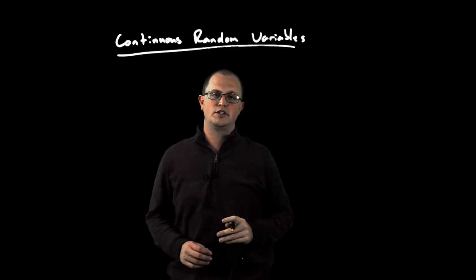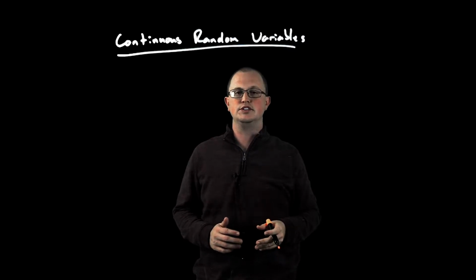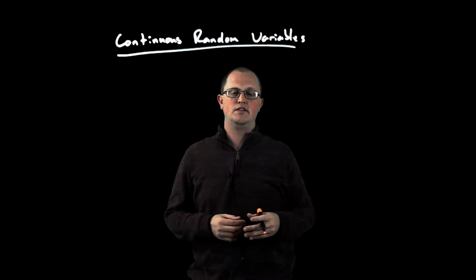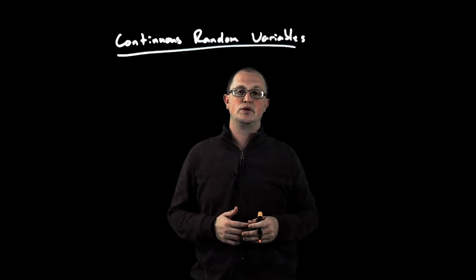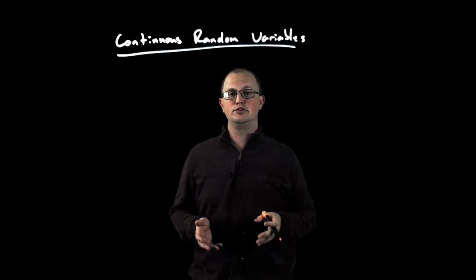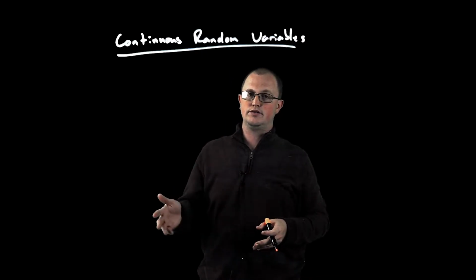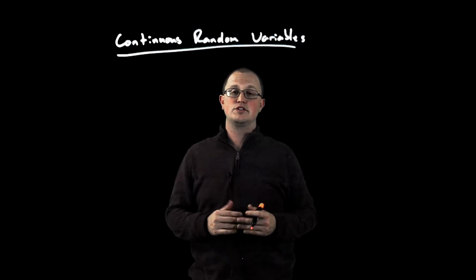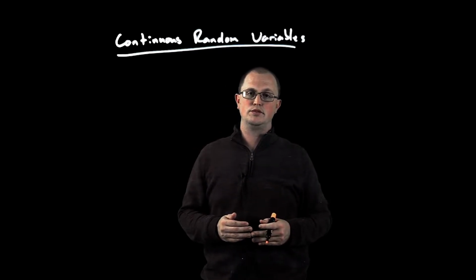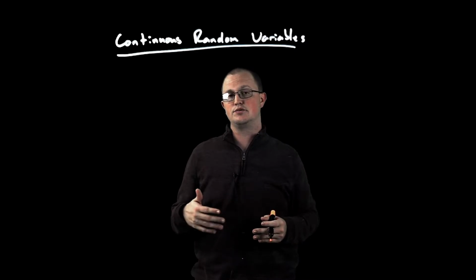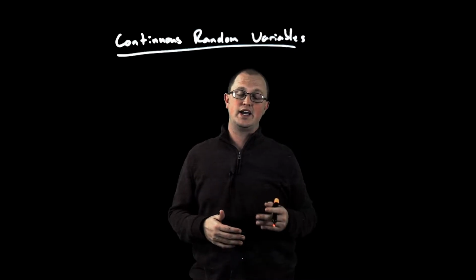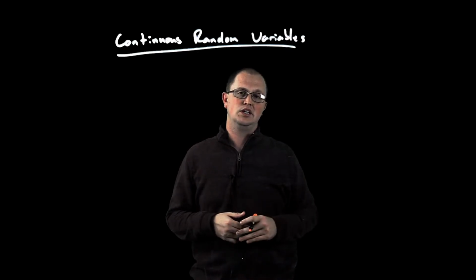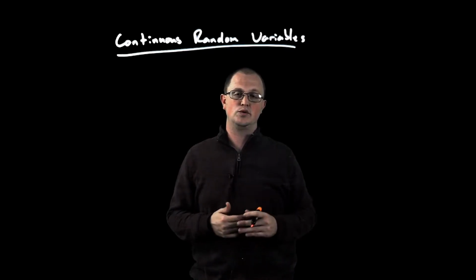So previously we've talked about discrete random variables, a situation where the outcome of a random variable takes a finite number of outcomes, and we can create a probability distribution function by listing out all of those outcomes and the associated probabilities. We want to start talking about continuous random variables. These are random variables where the outcomes are generally measured and not counted, and have an infinite number of possible outcomes, and how we can deal with determining probabilities for events like those.